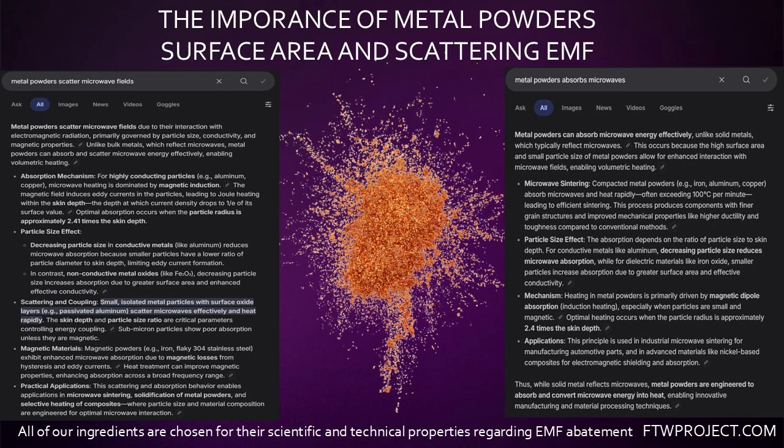And this answers the why. The smaller the particle size in your composite, the more effective it is, and depending on what metal or material it is, with its physical properties, the more effective it's going to be in combating, absorbing, or scattering these signals that have been weaponized.